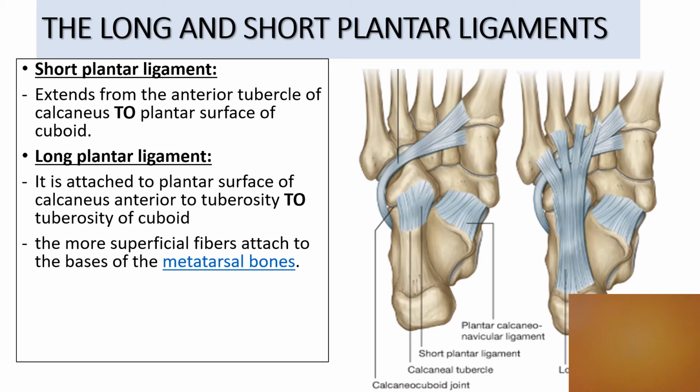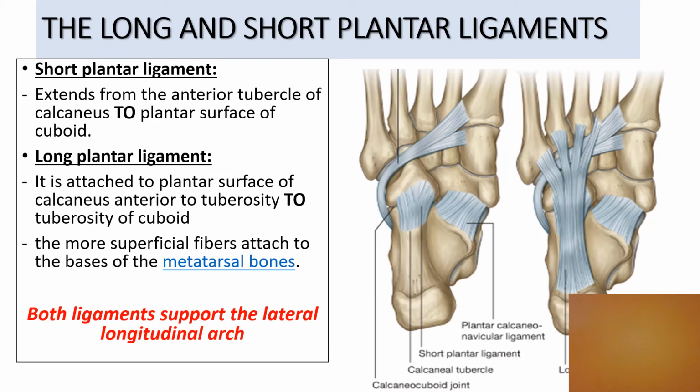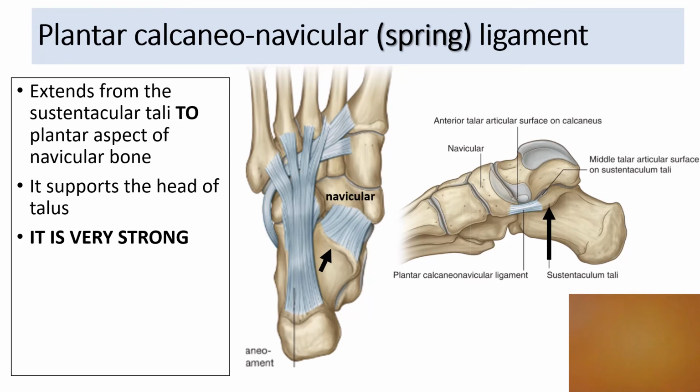So the short plantar is from calcaneus to cuboid, C to C. The long plantar is from calcaneus to the metatarsals, and it gives a deep slip to the cuboid. Both ligaments support the lateral longitudinal arch.